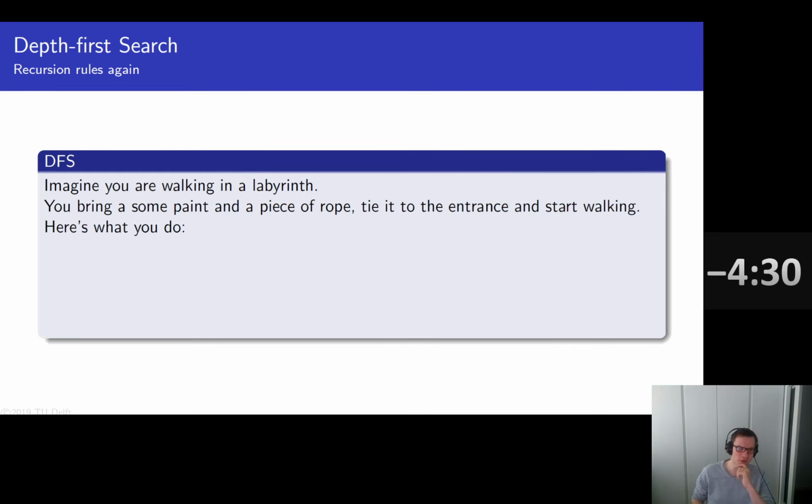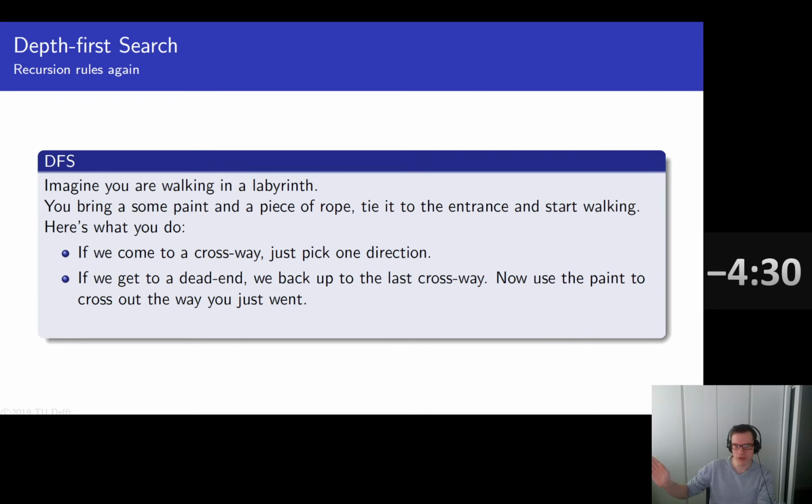So how would that work? Well, you bring your paint and you bring your rope, and first thing you do is you tie the rope to the entrance. Now you start walking through the maze. And every time you get to an intersection, you pick a direction, and you take your rope with you.